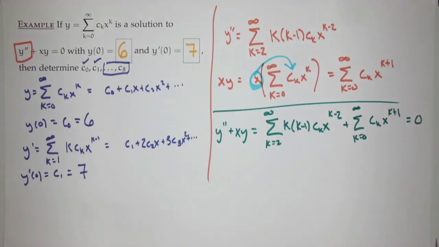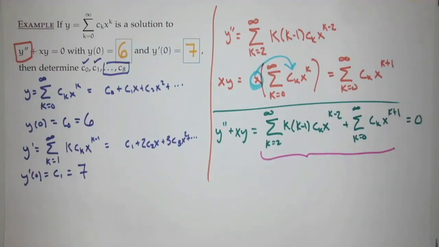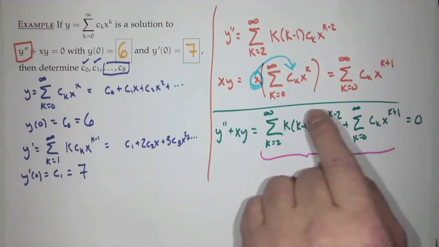Now, it would be really nice if we knew how to deal with that sum. Is there anything we can do with that? Yes? We already know that because k equals 0 and k equals 1, the first summation here equals 0, so k equals 2 is the same as k equals 0. Can we do it like that? Well, we can. Do you notice anything about this particular expression?